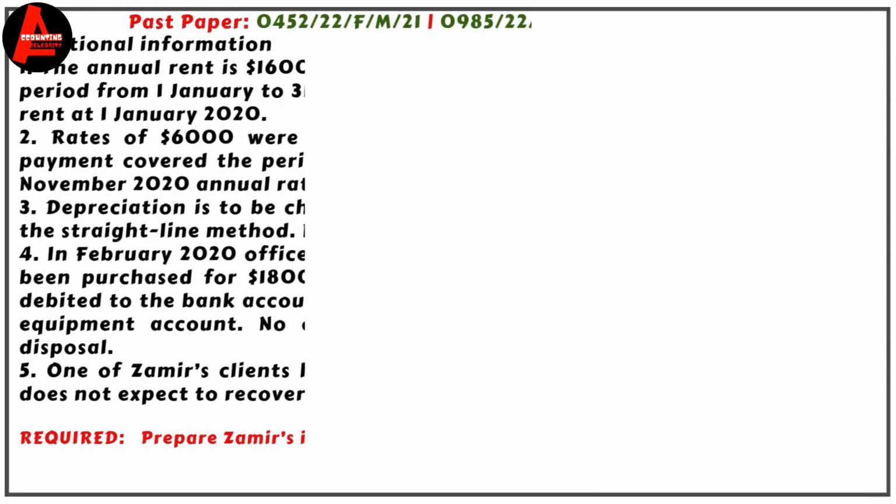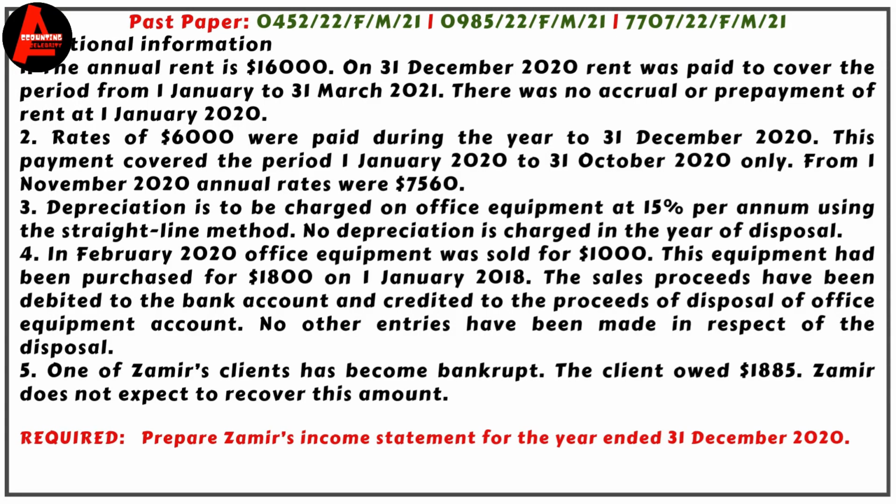Adjustment number 1: the annual rent is $16,000. On 31st December 2020 rent was paid to cover the period from 1st January to 31st March 2021.